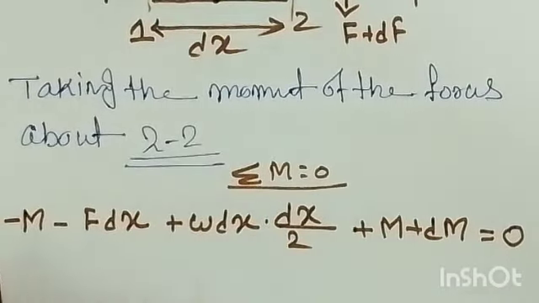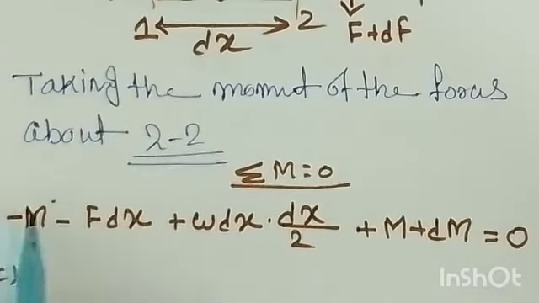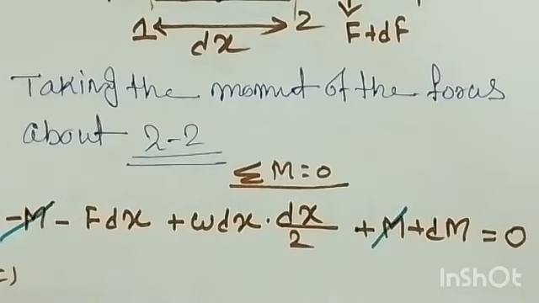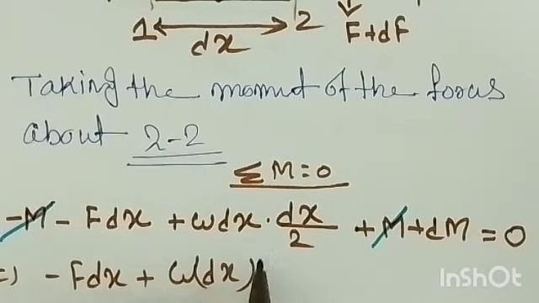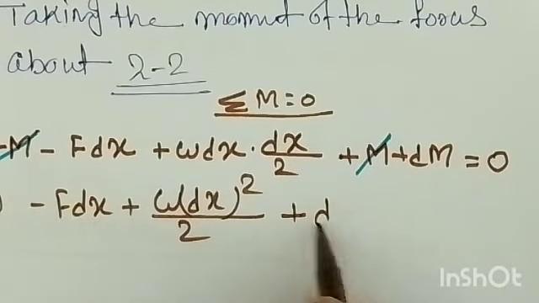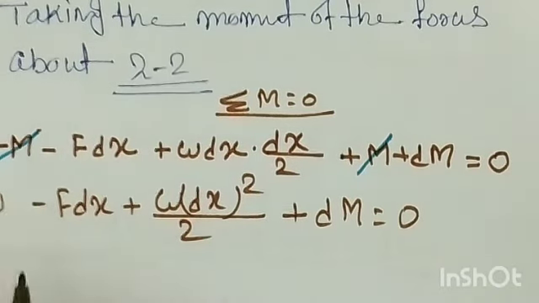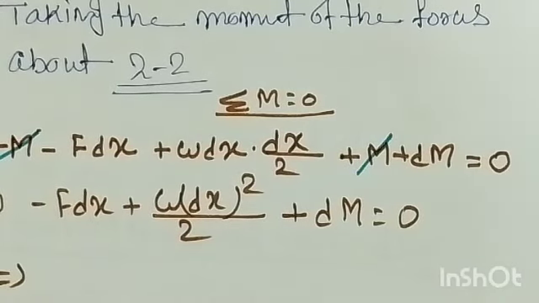So summation of M is equal to 0 means this minus M and the plus M will get cancelled. What remains is minus F dx, plus W into dx whole square by 2, and plus dM is equal to 0.